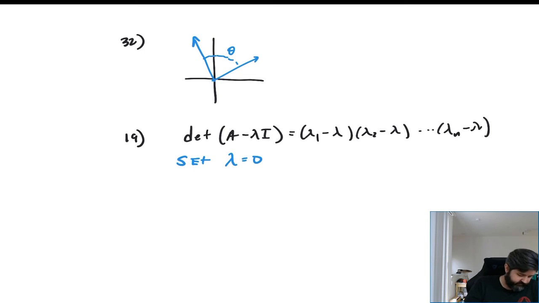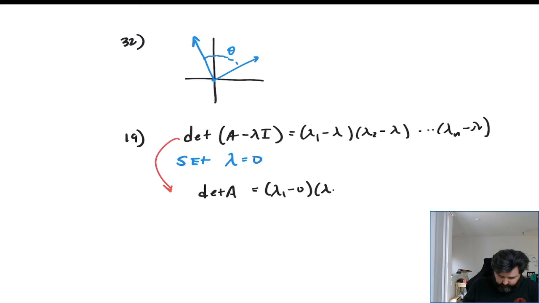If you set lambda equal to 0, what do you get? On the left-hand side of the equation, you just get determinant of A minus 0 times I, which is just the determinant of A. And on the right-hand side, you get lambda 1 minus 0 times lambda 2 minus 0 through lambda n minus 0.